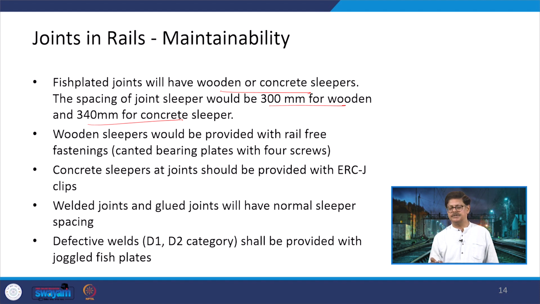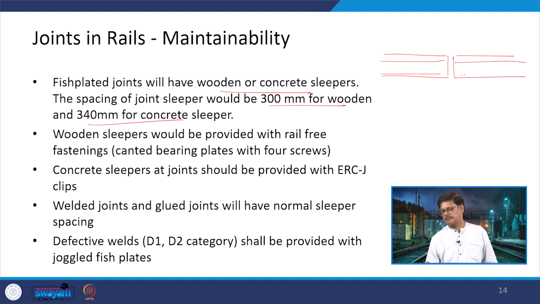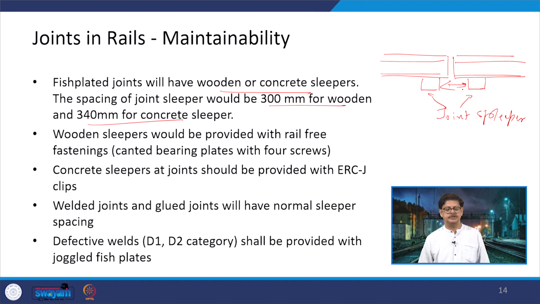The spacing of the joint sleeper means, so this is a joint being provided here in the rails, and there is a sleeper at this point and there is a sleeper at this point. So, this is defined as the joint sleeper. The spacing between the joint sleepers is what we are talking about as 300 mm or 340 mm.